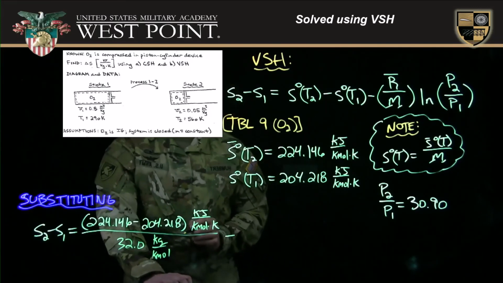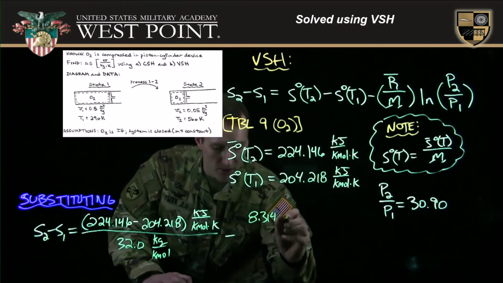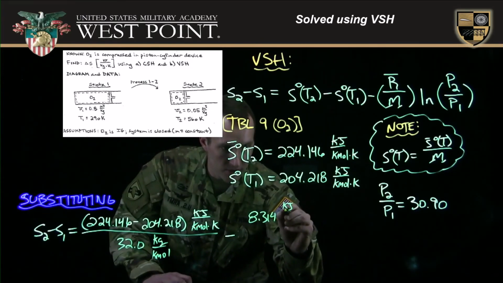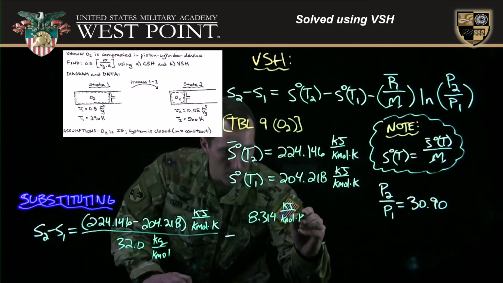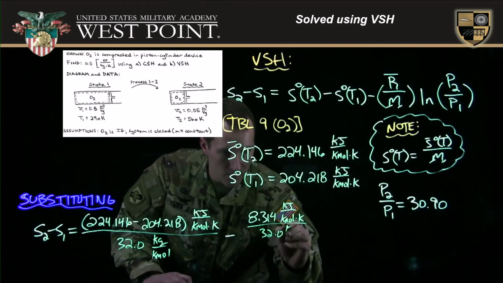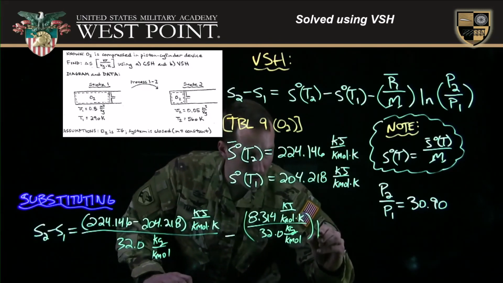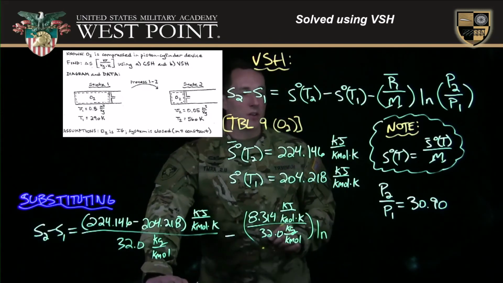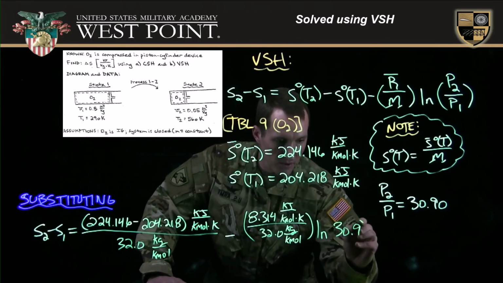That's minus our universal gas constant, R bar, 8.314 kilojoules per k-mole Kelvin, divided by our molecular weight of O2. All that times the natural log of our pressure ratio, P2 over P1, which we said was 30.9.